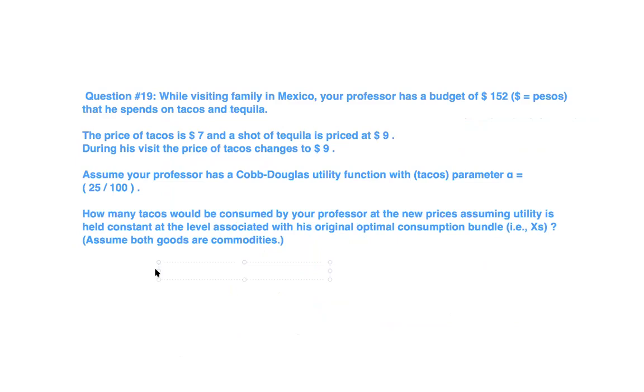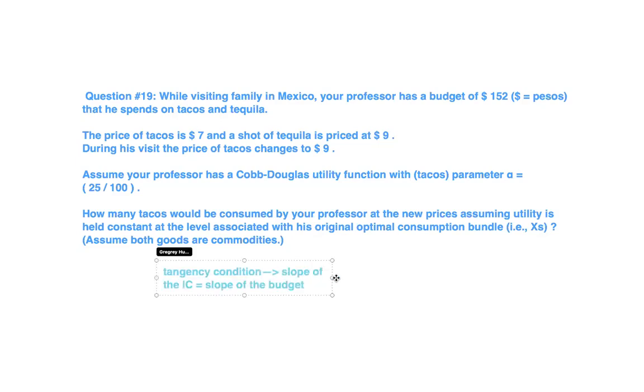And I will say something that maybe will be helpful in terms of making the connection: the tangency condition is where the slope of the indifference curve is equal to the slope of the budget.